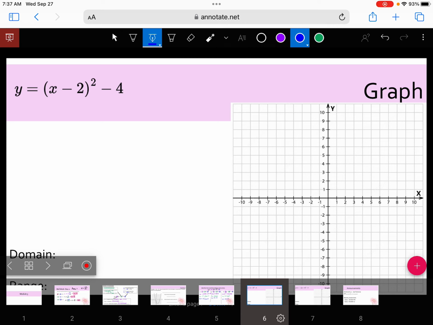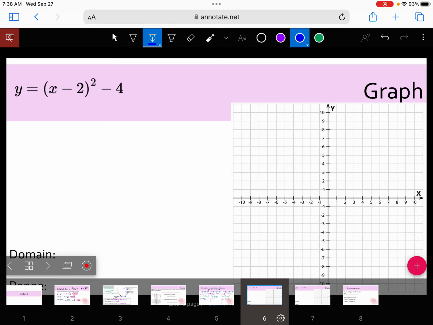So we're going to be graphing our vertex form. All right, we're only going to do 2 of these.